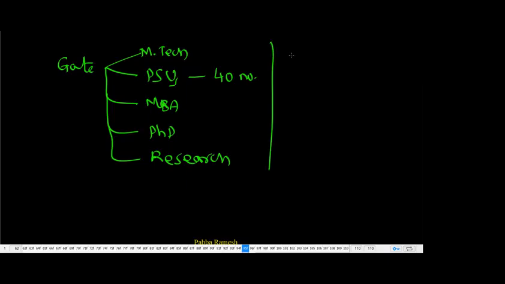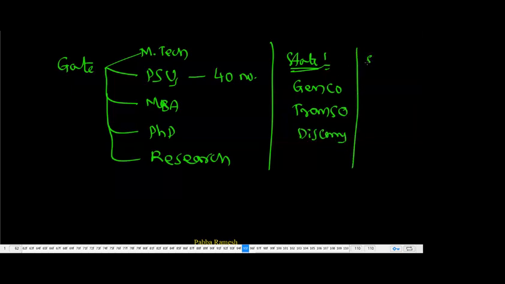Other than this, at state level there will be GENCO, Transco, and DISCOMs. Other than that, SSC JE Electrical, and the Indian Air Force on the BTech qualification. RRB is also there.